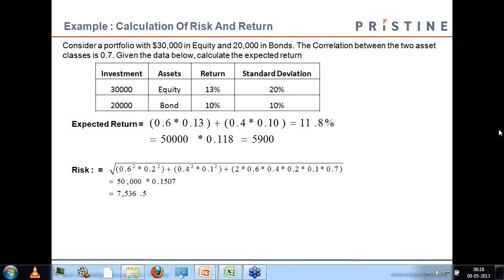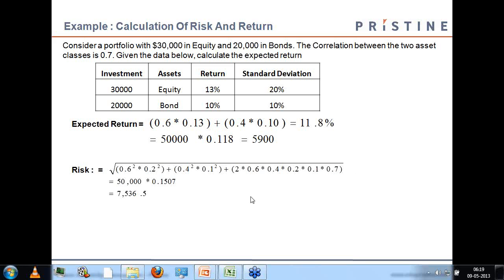So Aditya has asked a question. He wants to know whether, when two assets are perfectly positively correlated, that means rho equal to 1, the expected return is the same as the risk. Okay. So expected return and risk are two different things, Aditya.